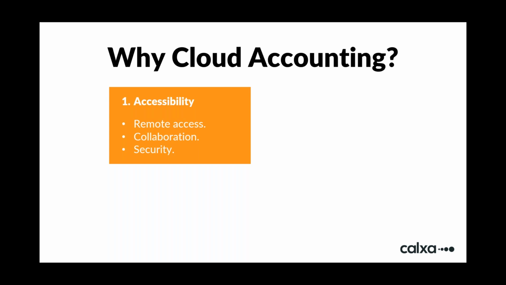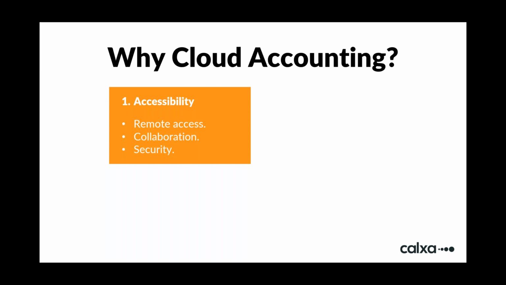The first one is access to your data and access to your system. Being able to access that data from anywhere or almost anywhere is a huge benefit. If you've got a treasurer that's off-site, they can access the system. If you've got auditors, they can access the system without coming into your office. Staff that are working off-site can access the system. That whole process becomes a lot easier.